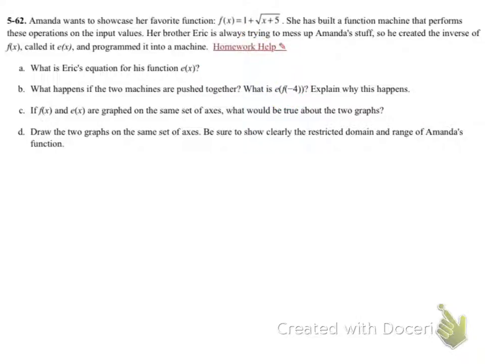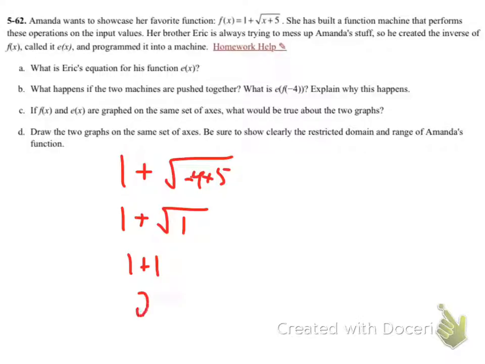But let's make sure. So 1 plus the square root of -4 plus 5. So I have 1 plus the square root of 1, which means it's 1 plus 1, and we get 2. Taking that now and putting it into the function e of x, which was x, which is now 2, minus 1 squared minus 5.